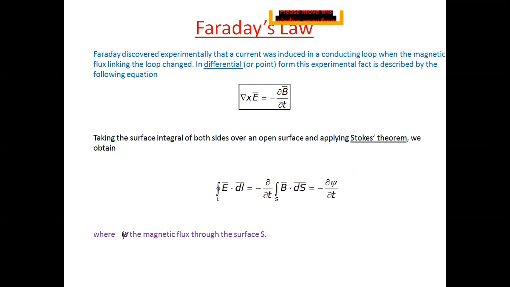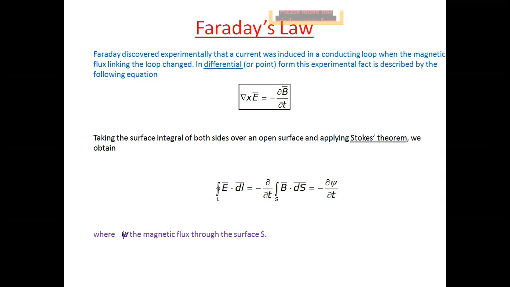the displacement current in Ampere's law. Now Faraday's law: Faraday discovered experimentally that a current was induced in a conducting loop when the magnetic flux linking the loop changed. In differential or point form, this experimental fact is described by the equation del cross E is equal to minus partial B by partial t.